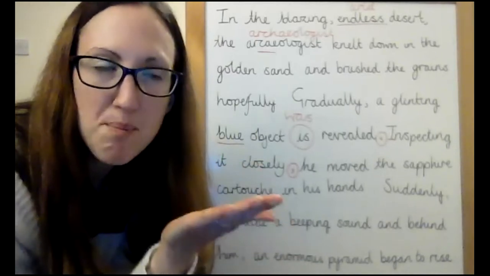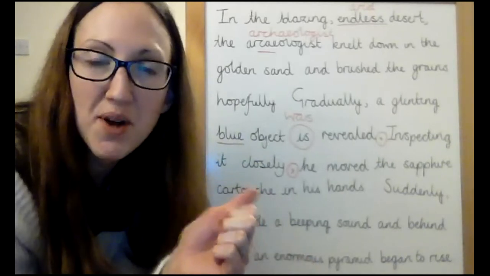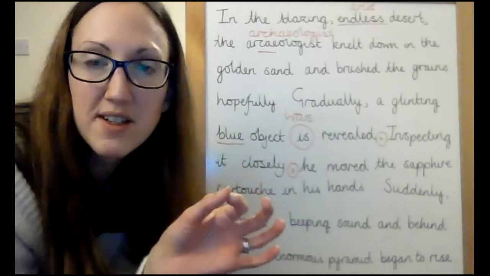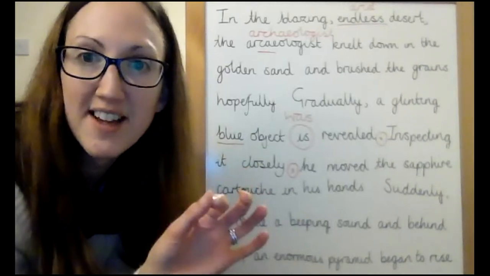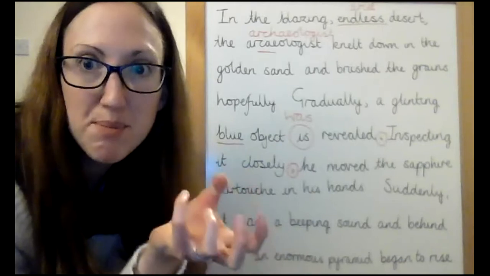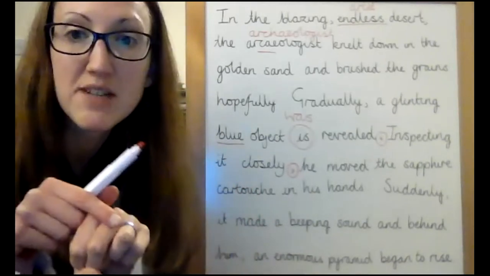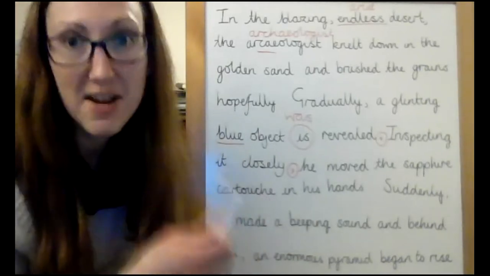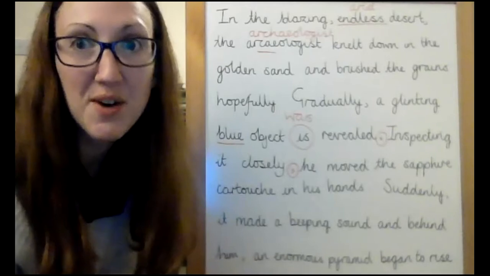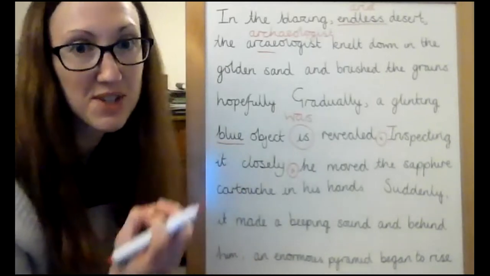It was a shiny blue colour. And when I think of shiny and blue, I think about a precious jewel called a sapphire. A sapphire is a mid-blue, shiny, precious stone. Often you can find it in rings. So I'm going to change blue to sapphire, because I know that's a really specific shade of blue that matches really nicely with the cartouche.